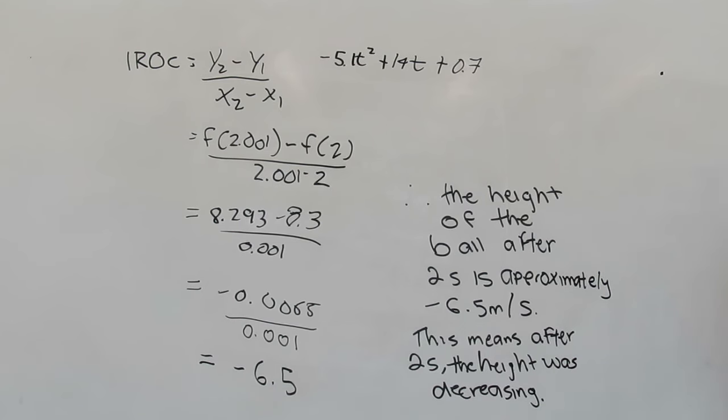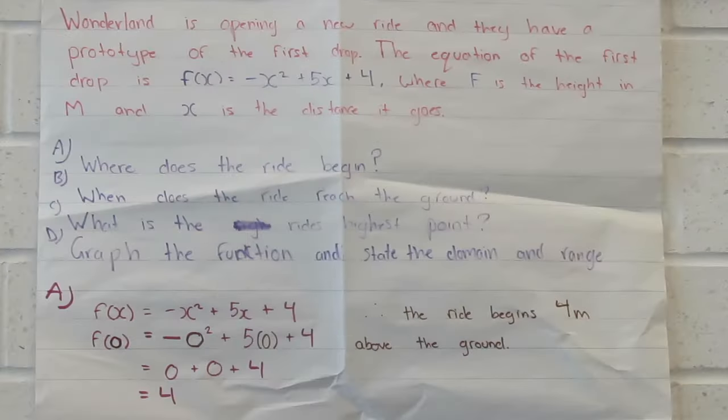And since it's an application question, you need to go further and interpret what the answer means. So since our answer is negative 6.5 meters per second, this means that after 2 seconds, the height was decreasing.